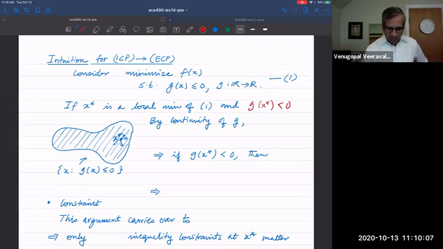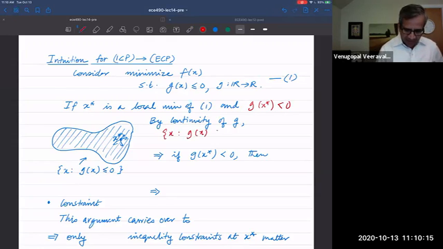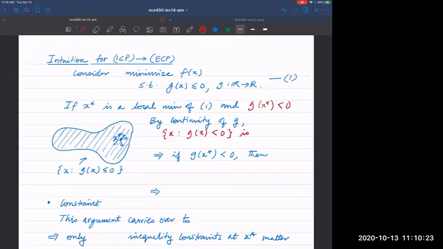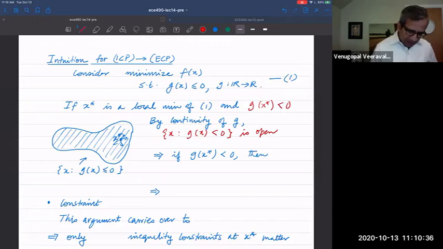In homework 3, you showed that if g is continuous, the set of x such that g of x is less than 0 is, what kind of set is that? Open. Let's look at that set here. This whole thing with the boundary may not be convex necessarily. When will the set be convex?